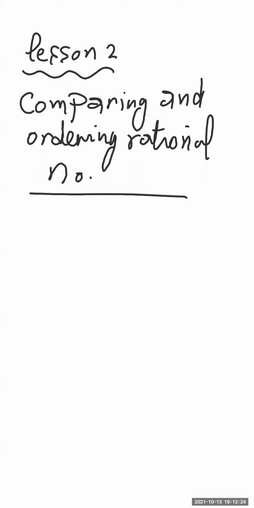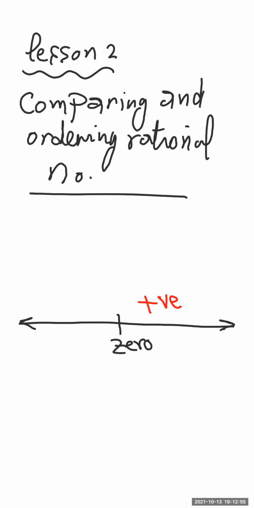Okay, so the first point in this lesson is how to represent rational numbers on the number line. If this is the number line and here is 0, simply, guys, the right side will be for the positive numbers, and the left side of 0 will be the negative numbers.